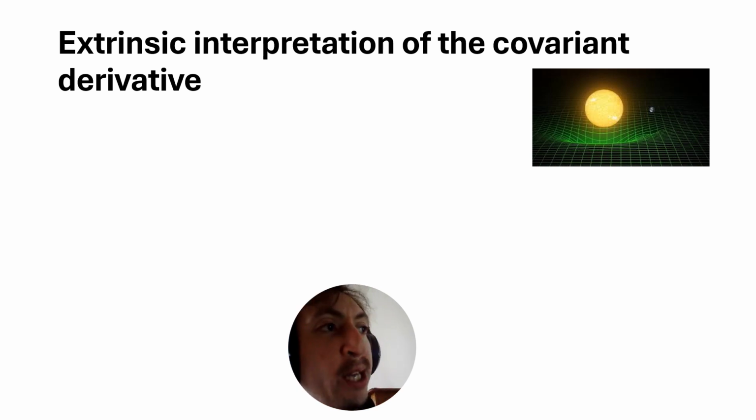And usually when we think of curvature, we're thinking of two-dimensional surfaces embedded in three-dimensional space. So we're used to this kind of extrinsic notion of curvature.